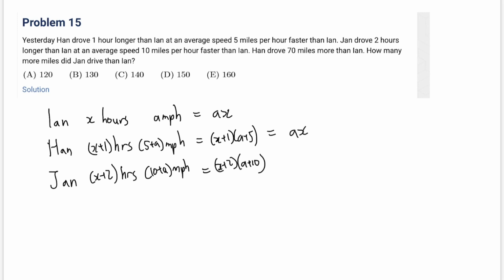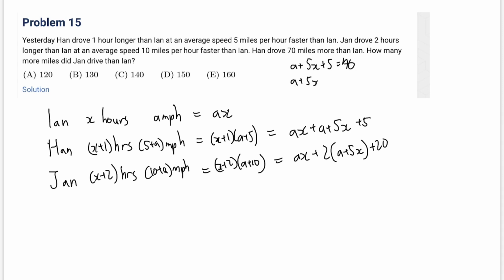This would be AX plus A plus 5X plus 5, and this will be AX plus 2A plus 10X plus 20. Han drove 70 miles more than Ian. Okay, so this minus AX: A plus 5X plus 5 equals 70.